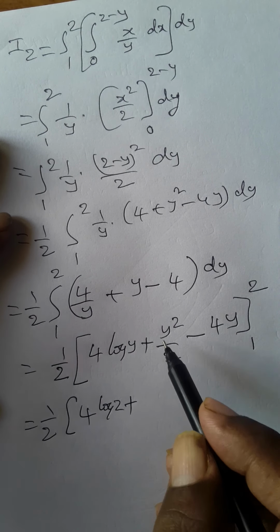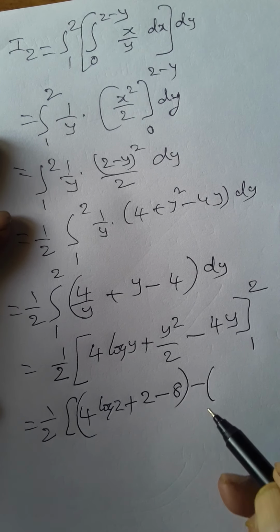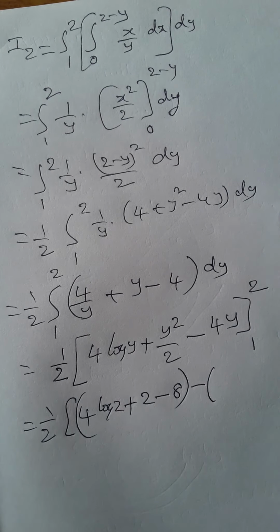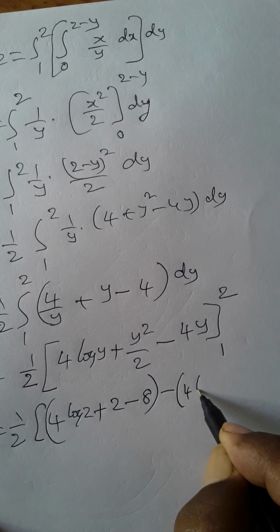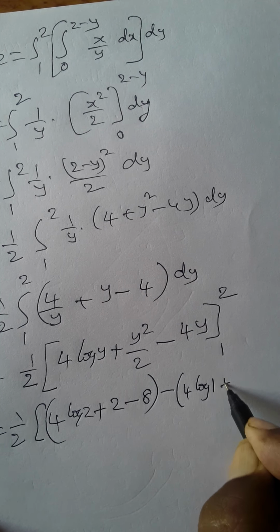This is your upper limit, minus lower limit. Instead of y, you write 1: 4 log 1 plus 1 square by 2 minus 4.